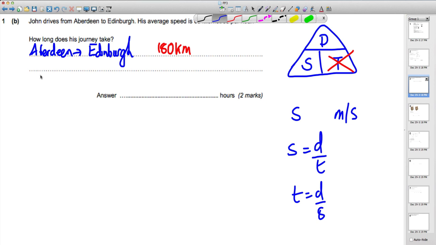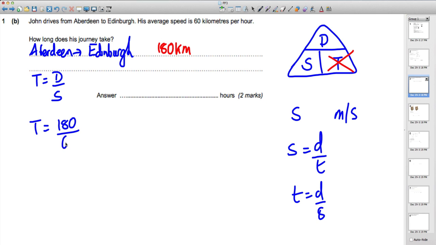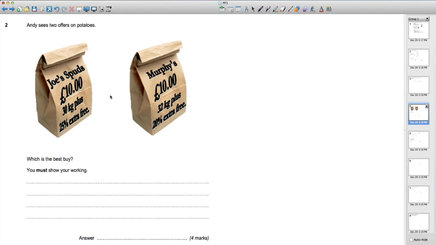So write down your formula. Time is distance over speed, so time is your distance, which is 180 kilometres, divided by your speed, which is 60 kilometres per hour, and you will get 3 hours. So your answer is 3 hours for 2 more easy marks.